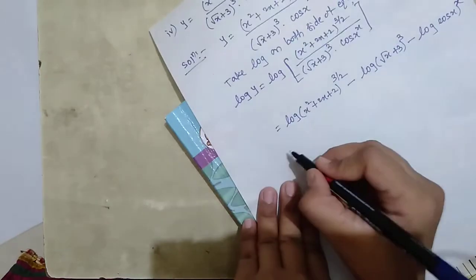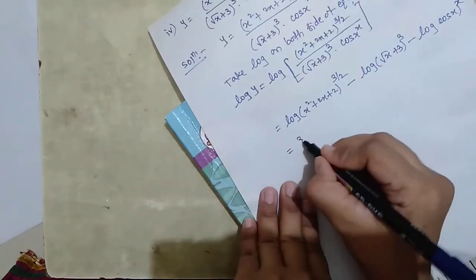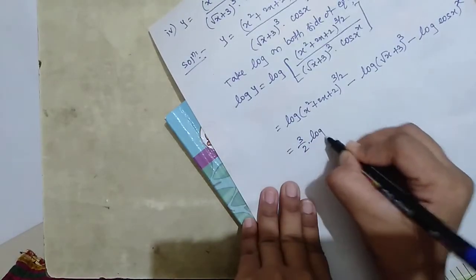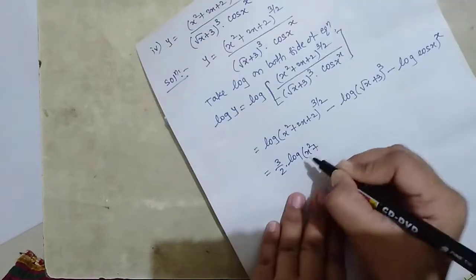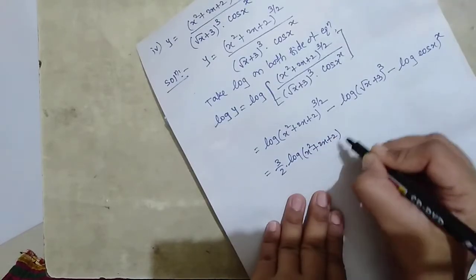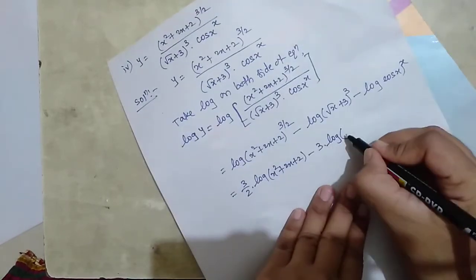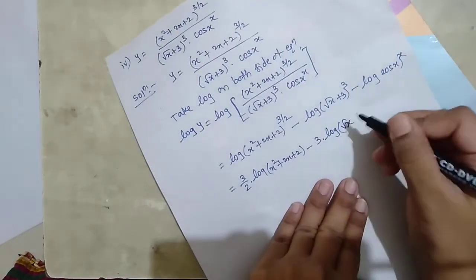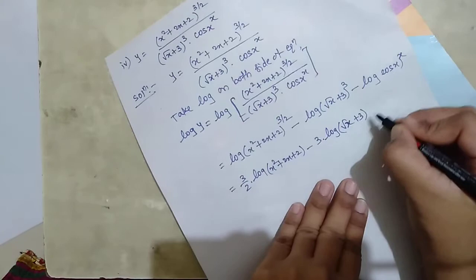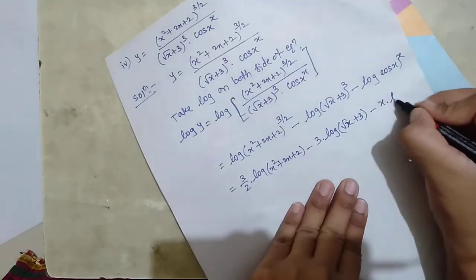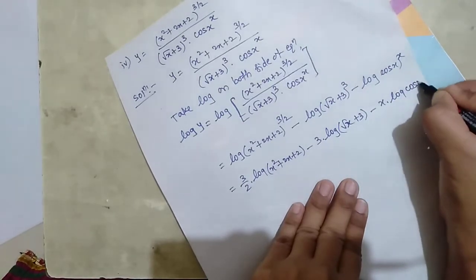Okay, so it is equal to 3 by 2 into log of x square plus 2x plus 2, minus 3 into log of root x plus 3, minus x into log of cos x.